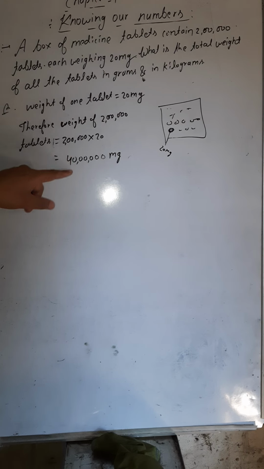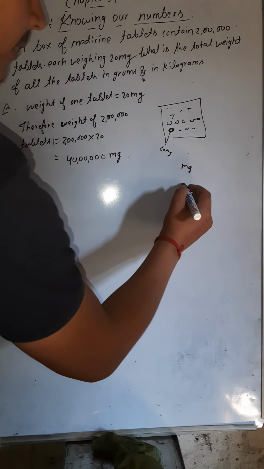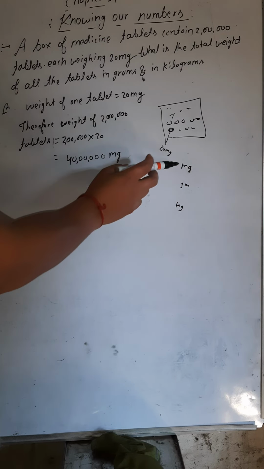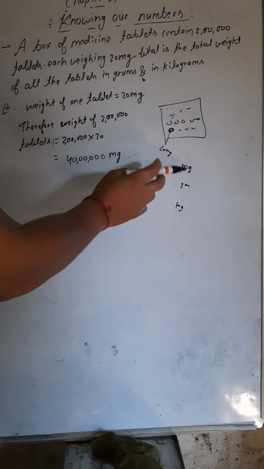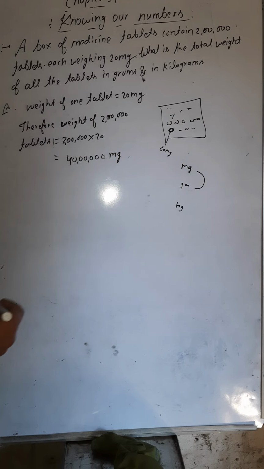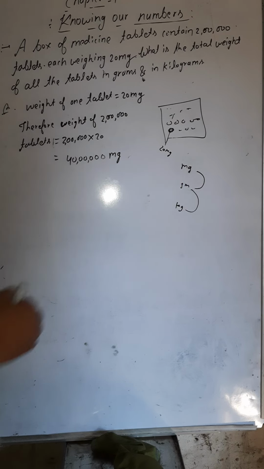So now you have to change this into gram. You must be knowing milligram is smaller, gram is somewhat bigger, and kilogram is more than this. So to change milligram into gram, when you are going from smaller to bigger, you will have to divide. Then again from gram to kilogram, you will have to divide, because we are going in increasing order.